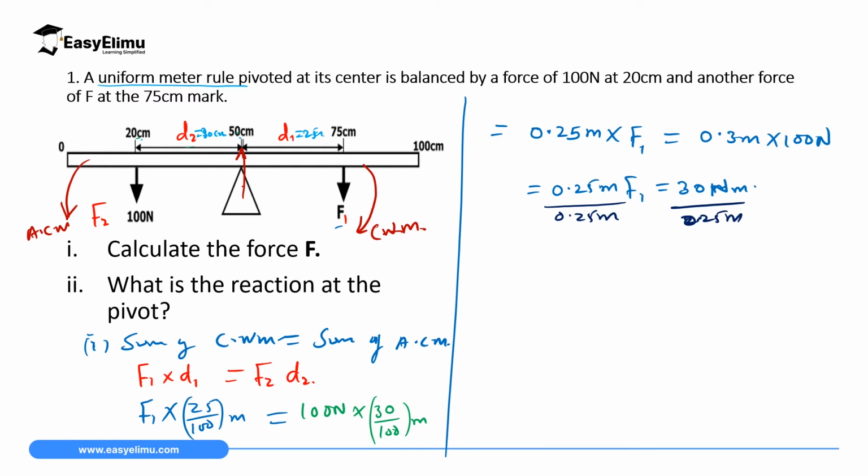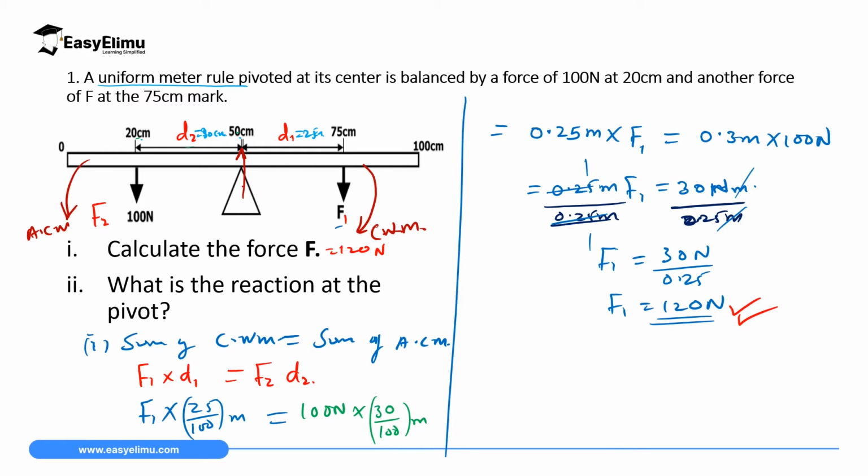Meter cancels with meter, and F1 is going to be 30 Newton divided by 0.25, which gives us 120 Newtons. So the force F which we are looking for here is 120 Newtons.